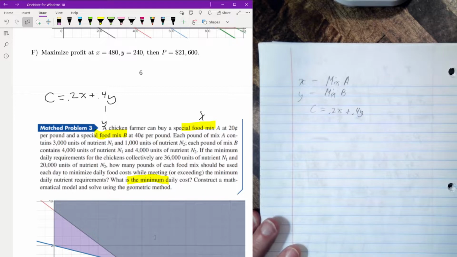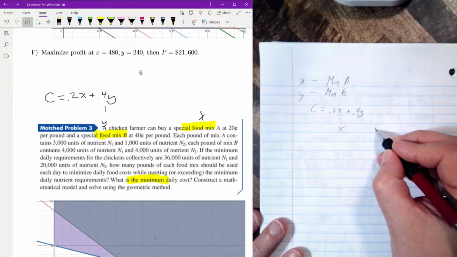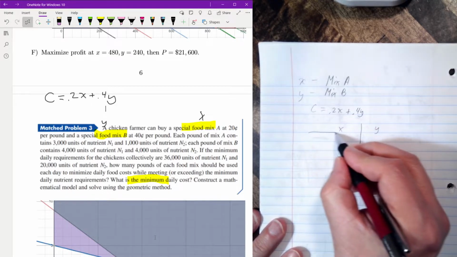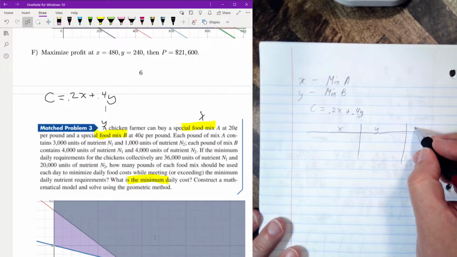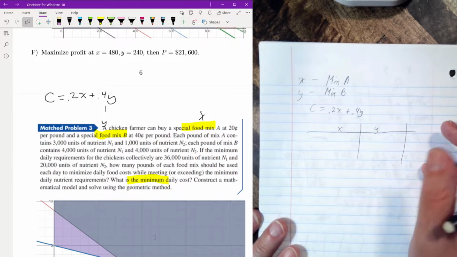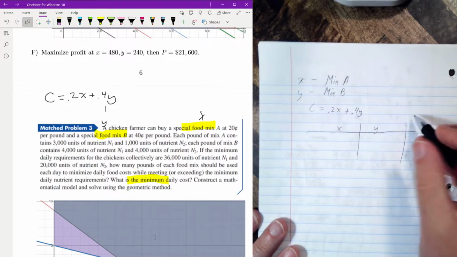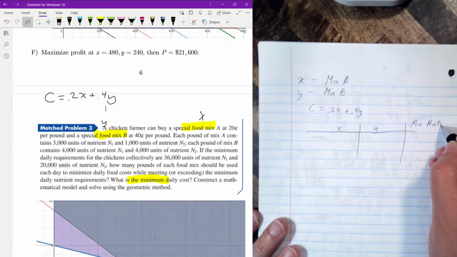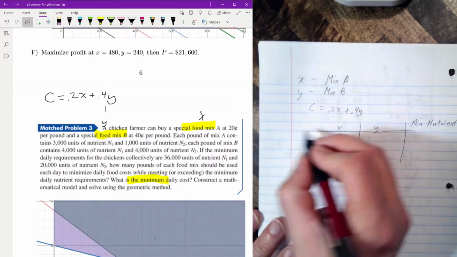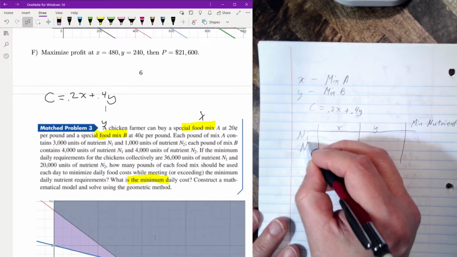So let's start building up a little bit of a table to summarize our information. We have X and Y. We have nutrients, with the minimum daily requirements collectively. And there's two different ones, so this is N1 and N2.